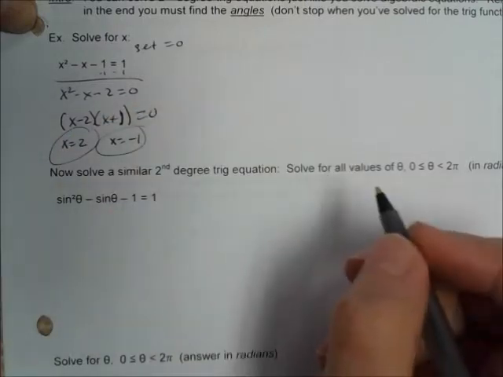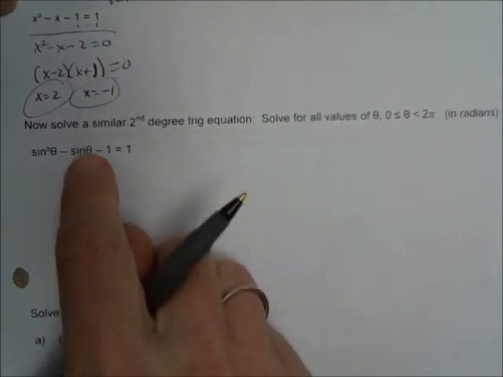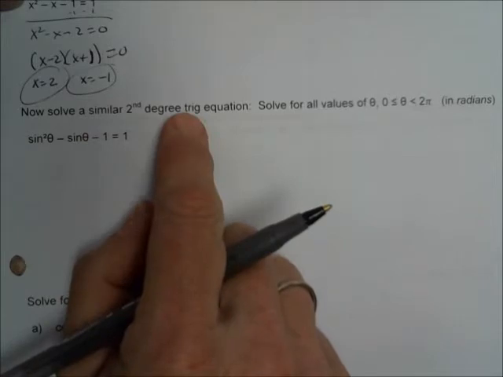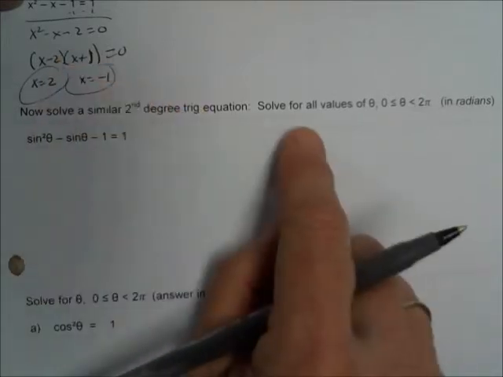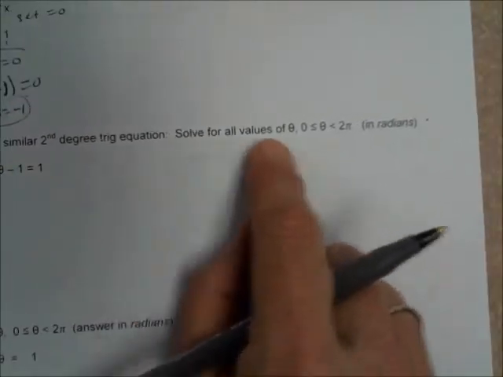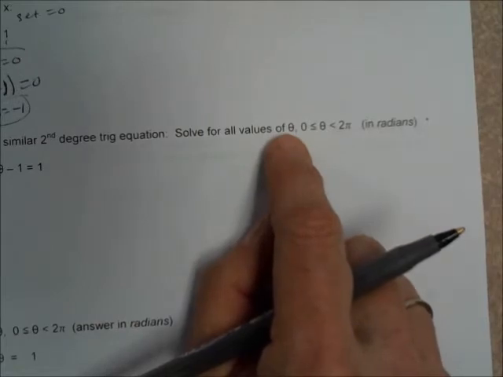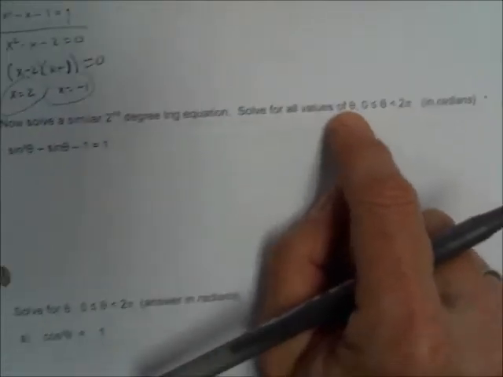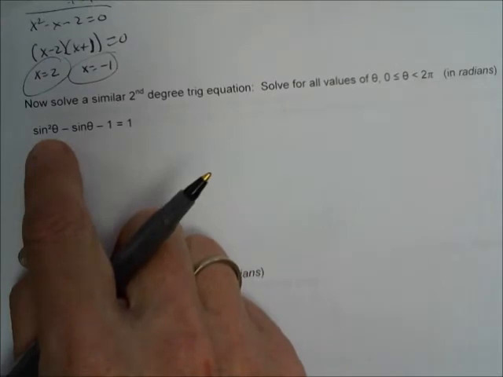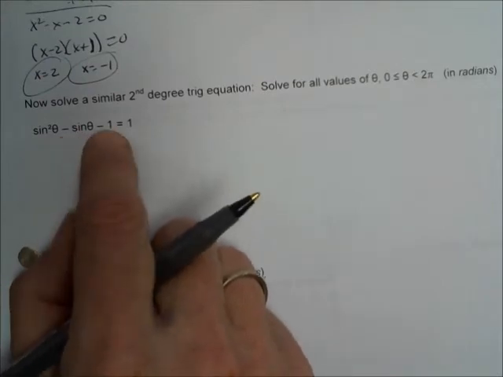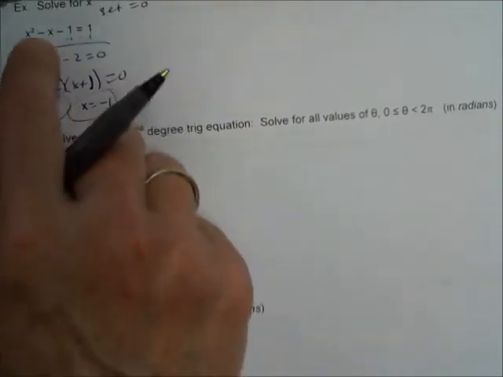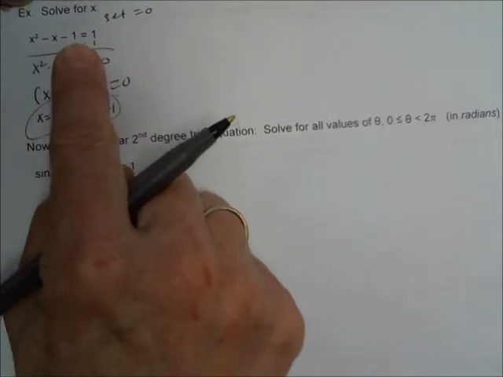So that's old stuff. Now what we're going to do is solve a second degree trig equation. It's very similar to the one above, but we're going to have to find values of theta, not x. So this equation, sine squared theta minus sine theta minus 1 equals 1, is exactly like this algebra equation that we did.